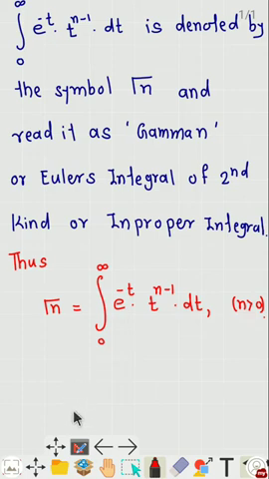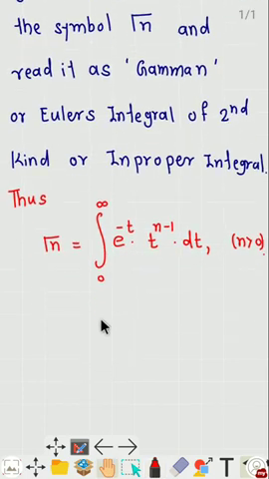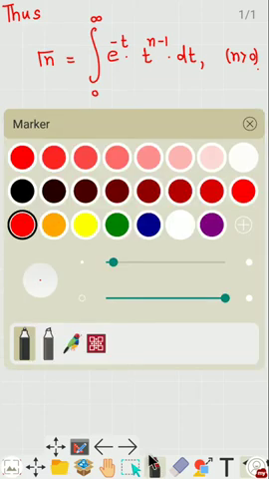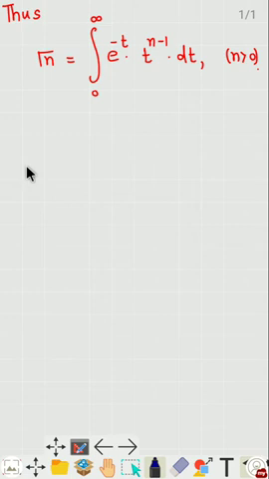Now secondly we see the properties of this gamma function or gamma integral. So this gamma is a function of n where n is greater than 0. So second, we write here the properties of gamma function.